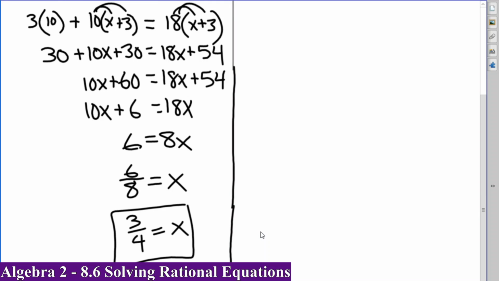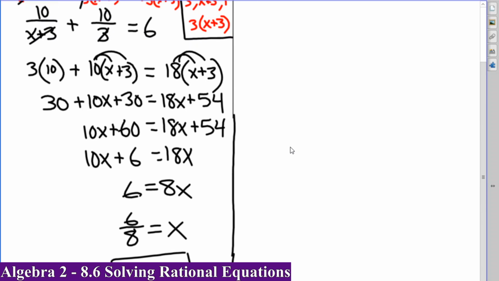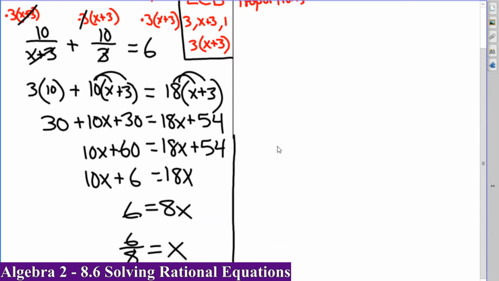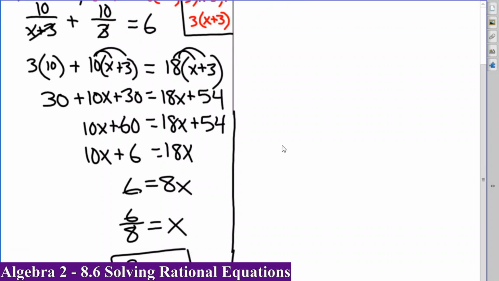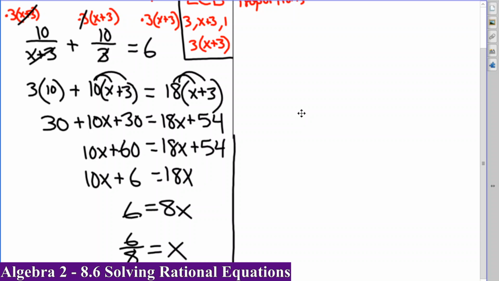But sometimes, if we only have our variable in one of the denominators, we might be able to isolate that rational term. Let me rewrite it here off to the side: 10 over x plus 3 plus 10 over 3 equals 6, and I'm going to write this as 6 over 1, just as a reminder.